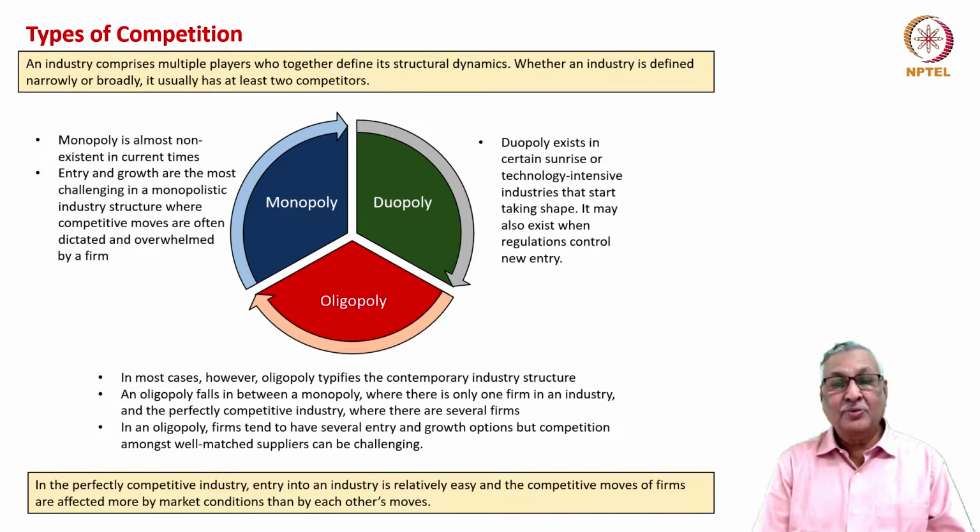In the perfectly competitive industry, which is probably the ultimate goal for a society to benefit, entry into the industry is relatively easy and the competitive moves of firms are affected more by market conditions than by each other's moves. This is the general competitive structure that exists in an industry: monopoly, duopoly, oligopoly, and the perfectly competitive situation.